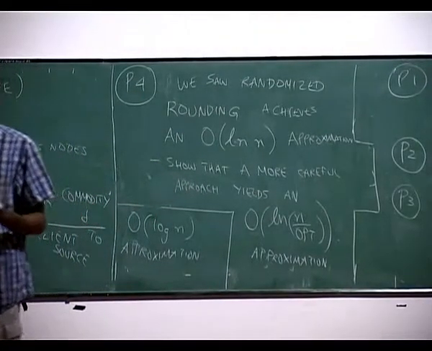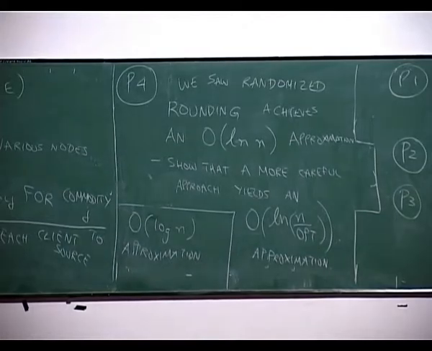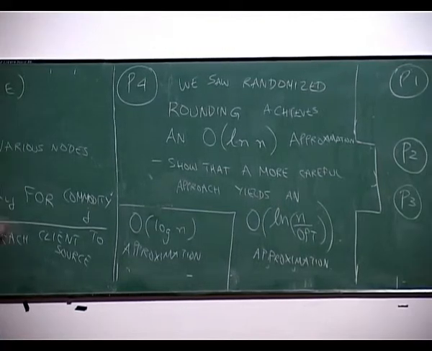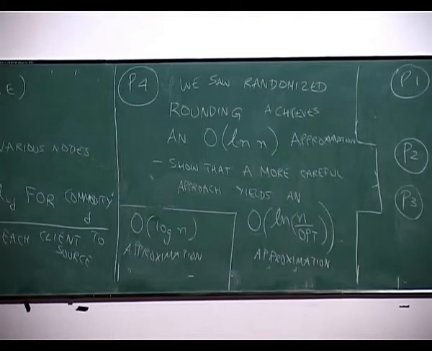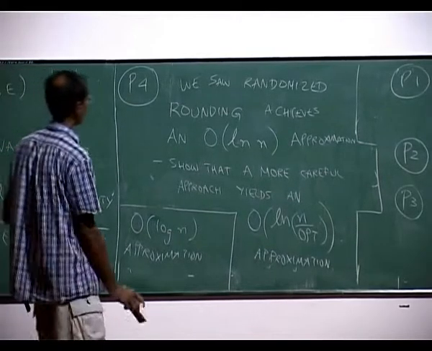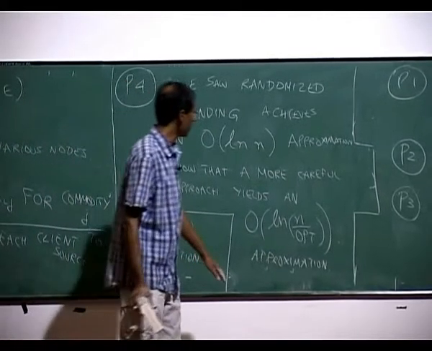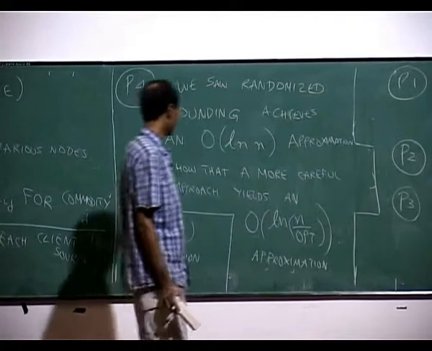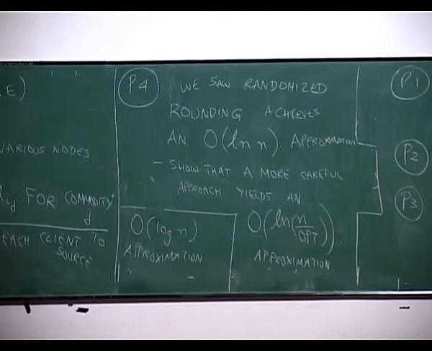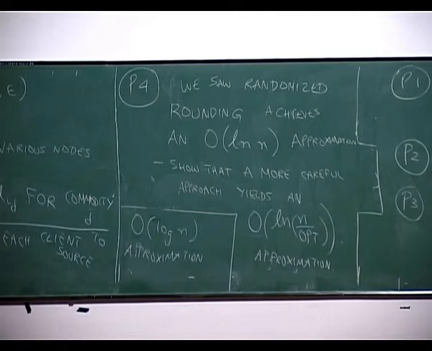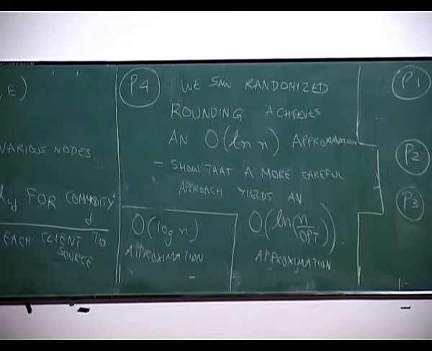If you remember what we did, we picked each set with a certain probability, and then we just repeated the same rounding step again and again. Do the rounding step more carefully, and you can get this kind of an approximation. Did you want to give the dependent rounding hint, or is that too much?